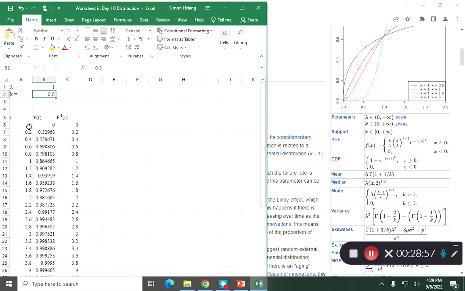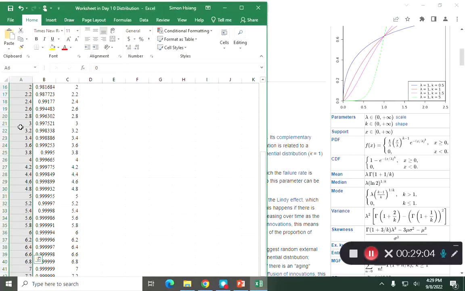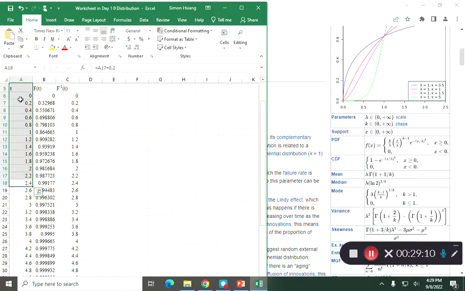The t value, or the x value, is basically a time series from 0 to 2.5, and I'll add 0.1.